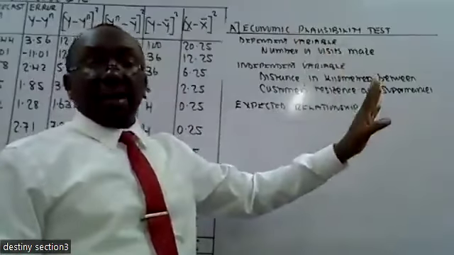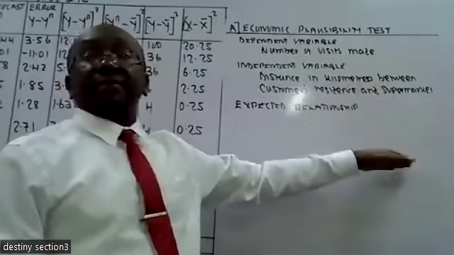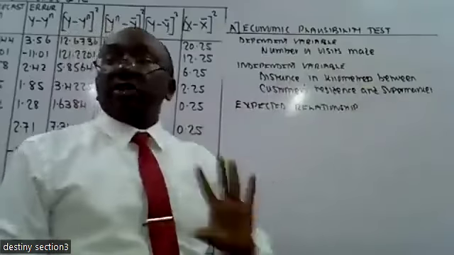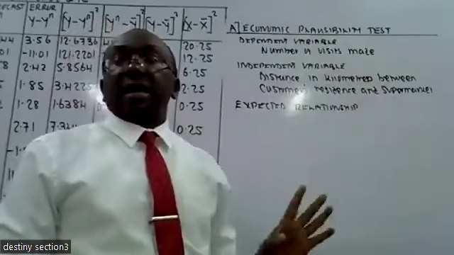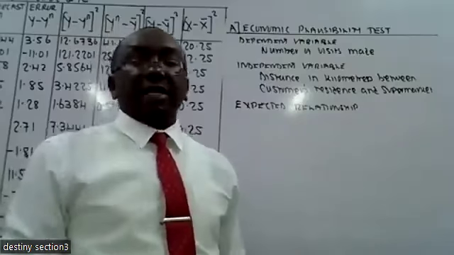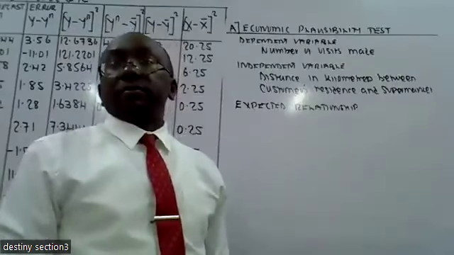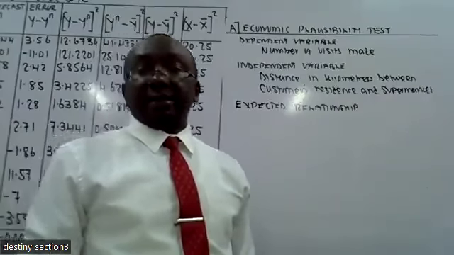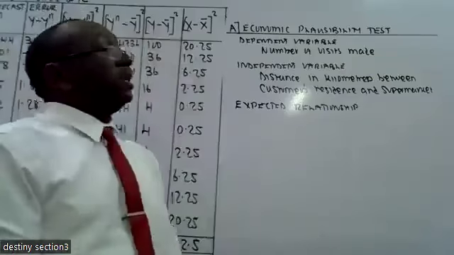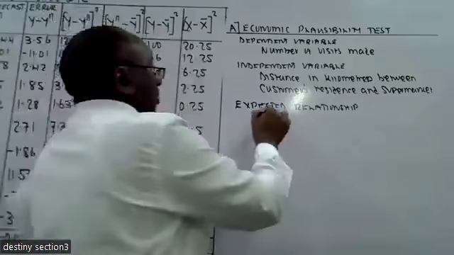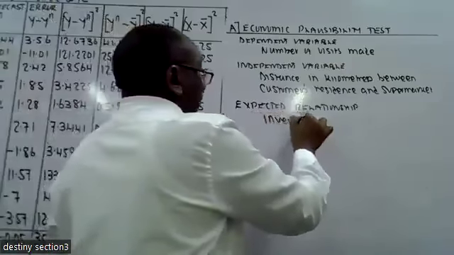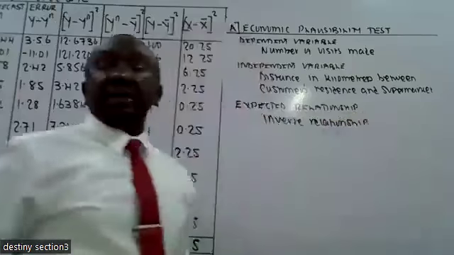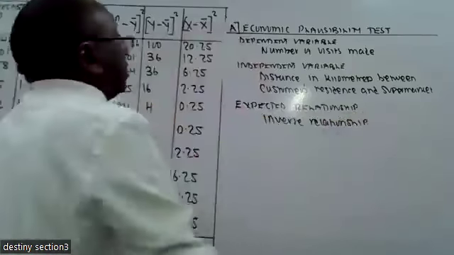Inverse means the more the kilometers, the less the visits. Null means there is no relationship; distance does not matter to the visits. So generally, what would you expect? More kilometers, less visits. Good. That is called an inverse relationship. That is what we would expect.